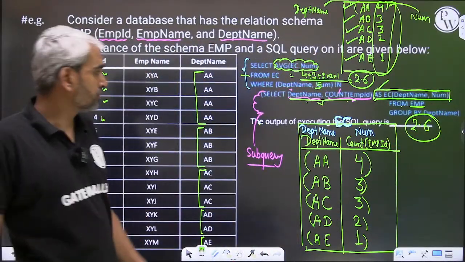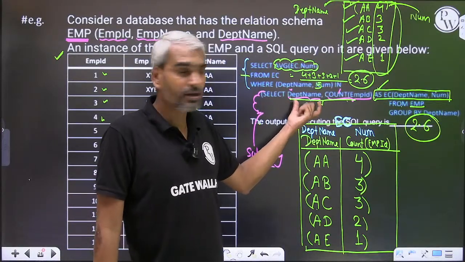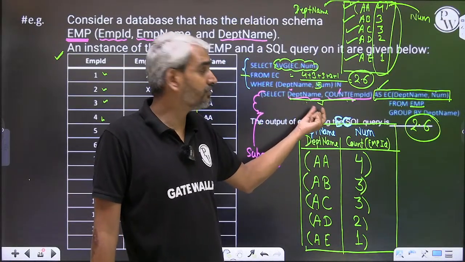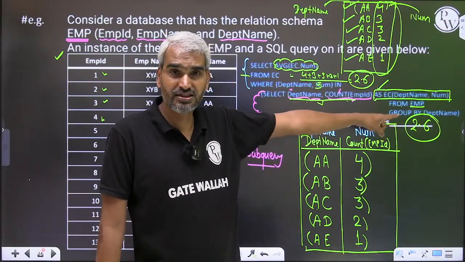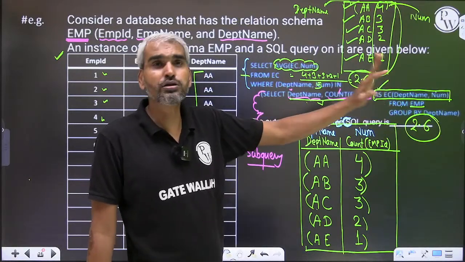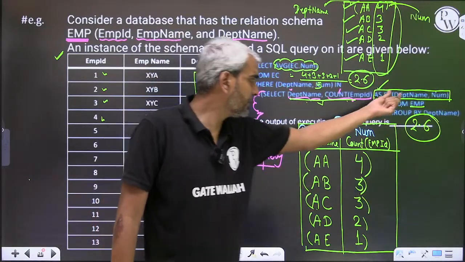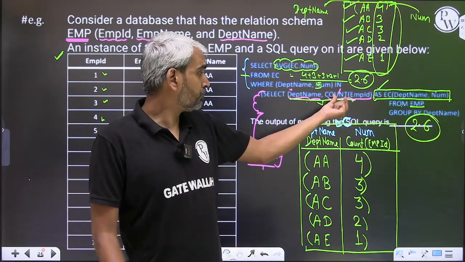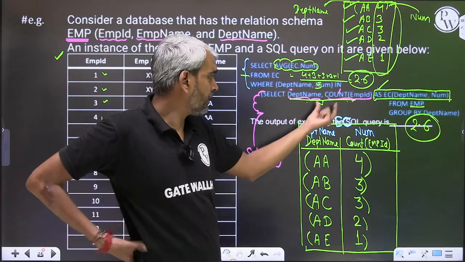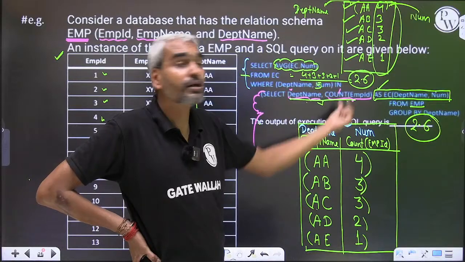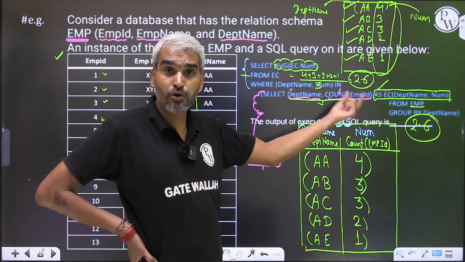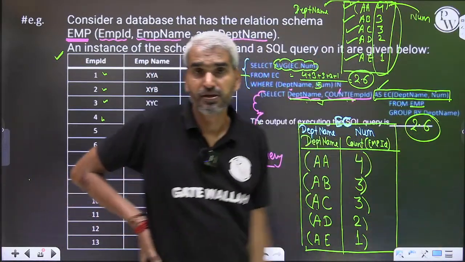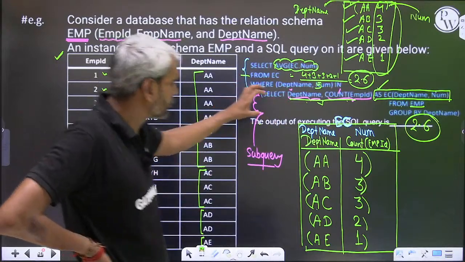Getting the idea? So the output of this subquery is being given a new name EC, and the attributes are also being renamed. The name of the first attribute remains as it is, that is department name, but the output of the subquery will have the second attribute as count of employee ID, and that second attribute is being renamed as number.